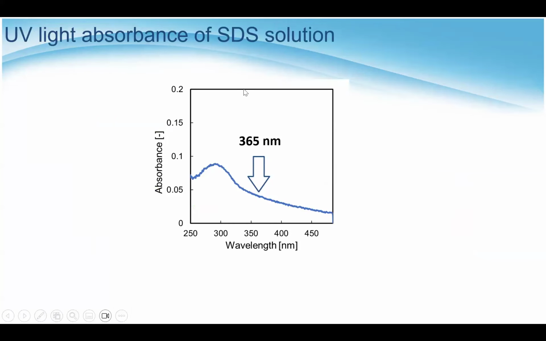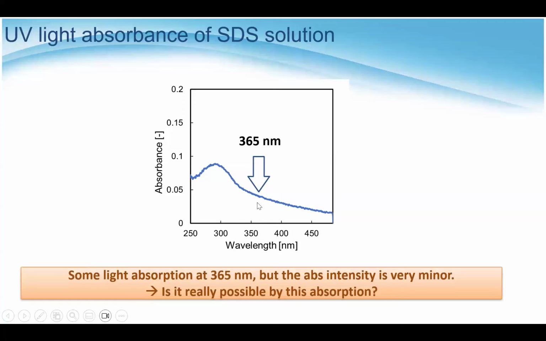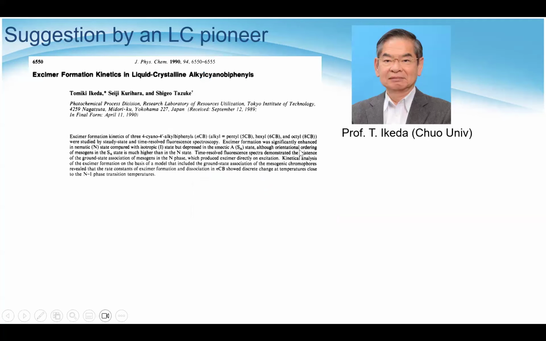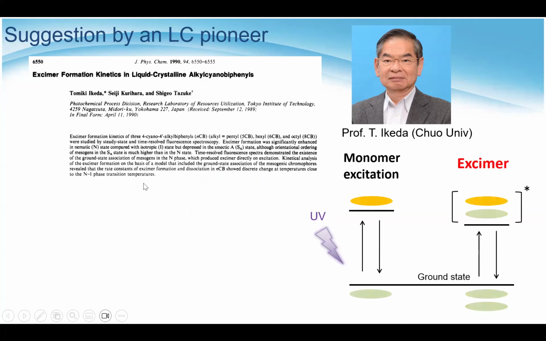And then we checked the absorption of the SDS solution at 365 nanometer. There is some light absorption there, but it's really very small. So is it really possible by this absorption? At this time, Professor Ikeda, a pioneer researcher in the liquid crystal field at our university, suggested something very interesting about excimer formation of the liquid crystal.